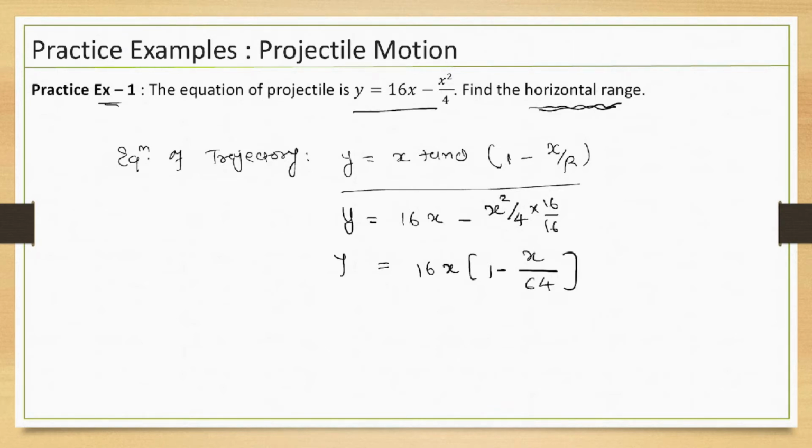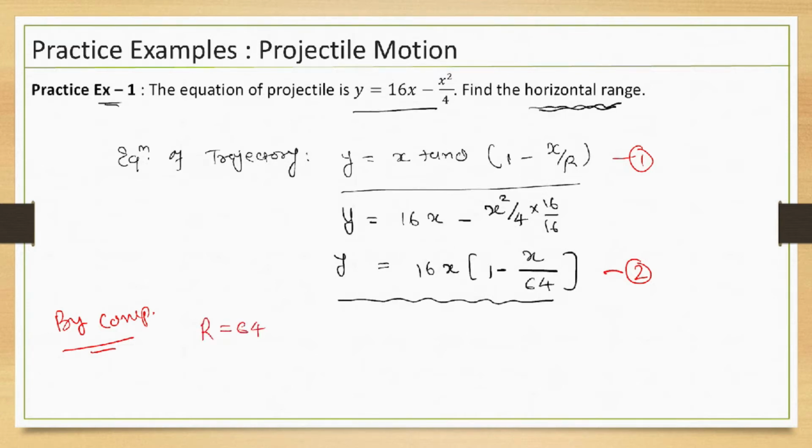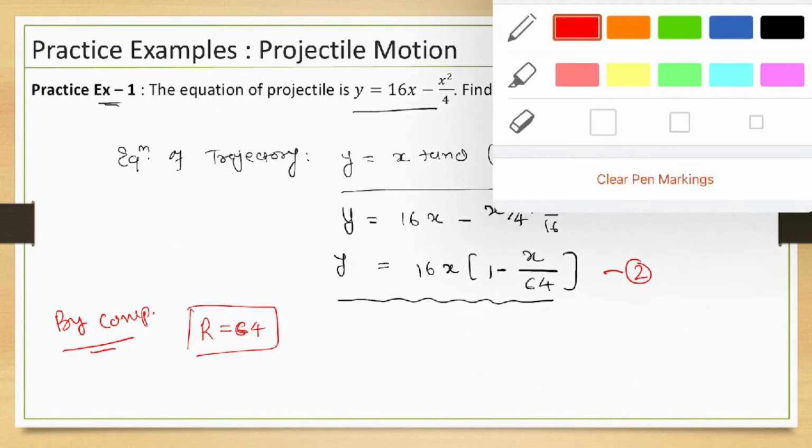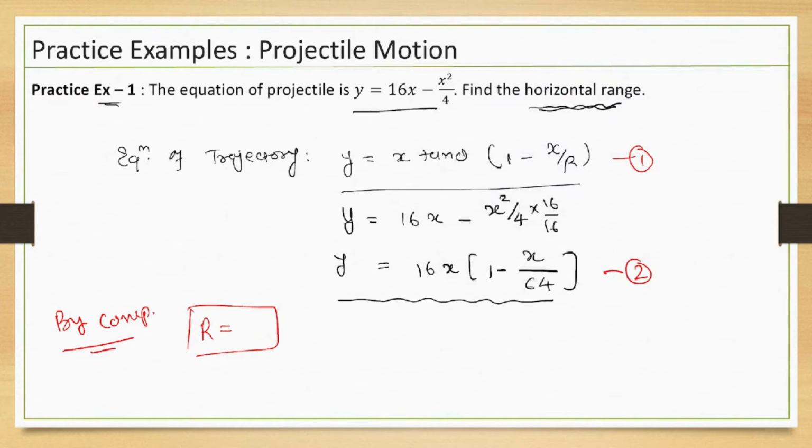Compare both relations, equation number 1 and equation number 2. By comparison, y is equal to x tan theta means 16x, and 1 minus x upon 64. So the range is equal to 64. This is the first answer. Here only one question is asked, otherwise you can get a number of answers.